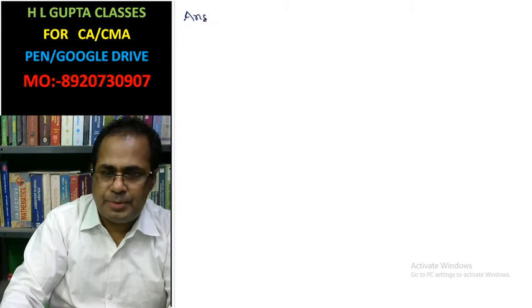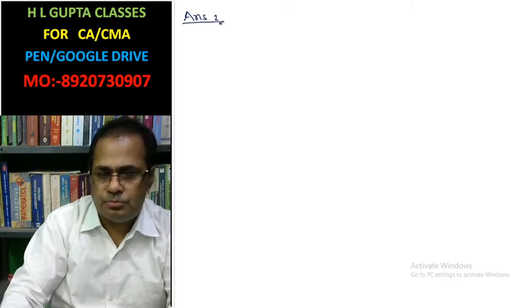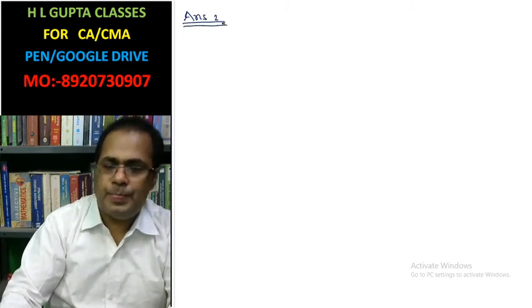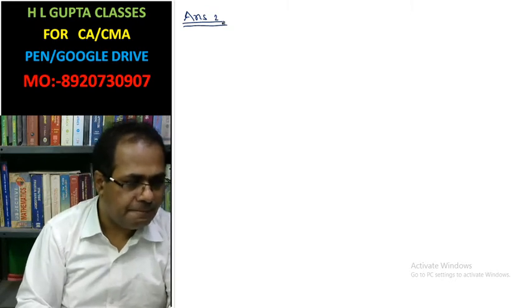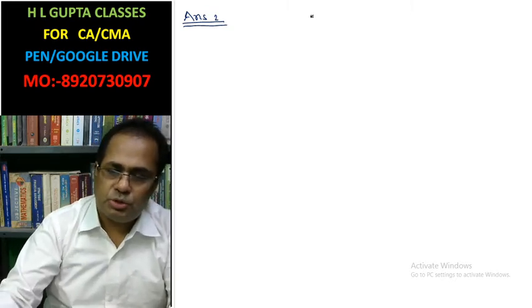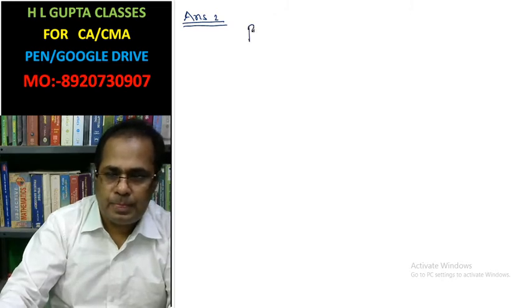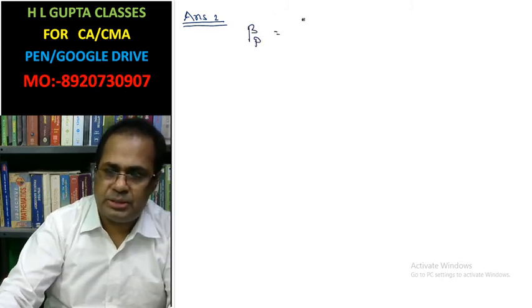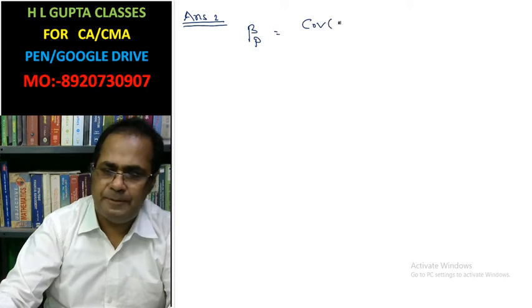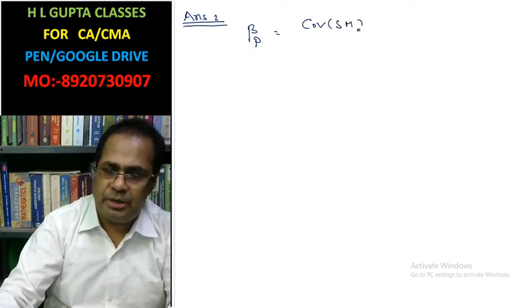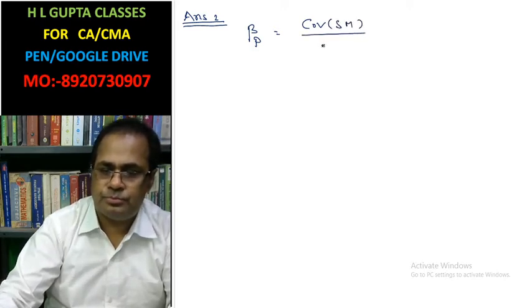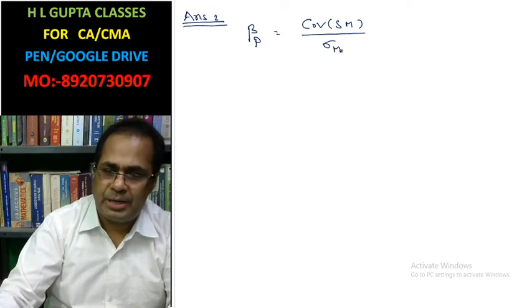Answer of second part. Suppose beta of P is the covariance of the security and market, divided by the standard deviation of market squared.